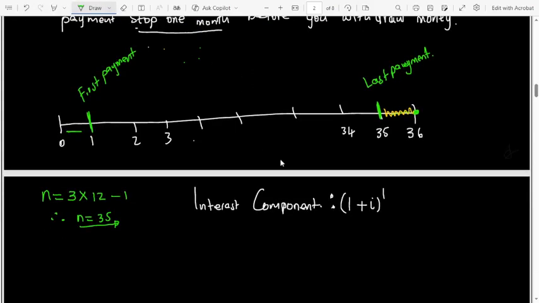I hope now you understand what the interest component is. The 1 is the 1 month's interest, the interest that is calculated for the last month.